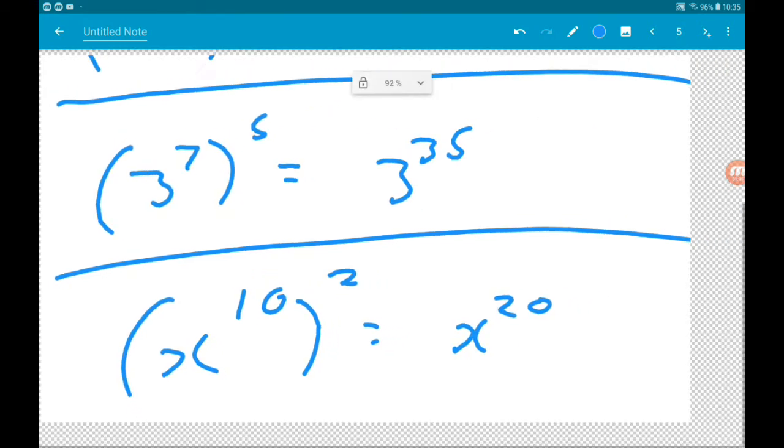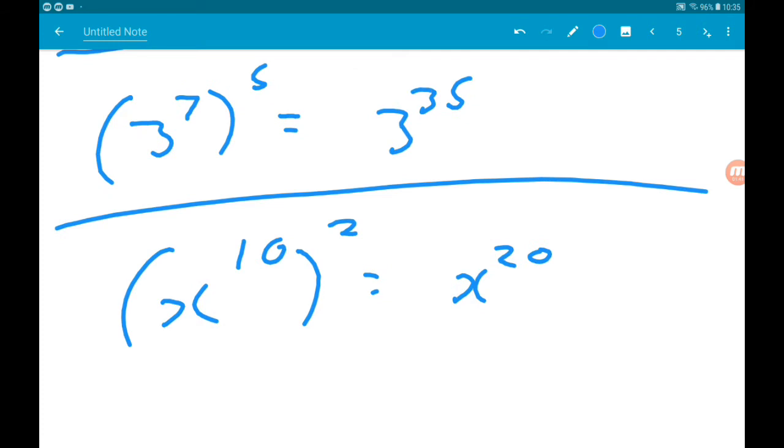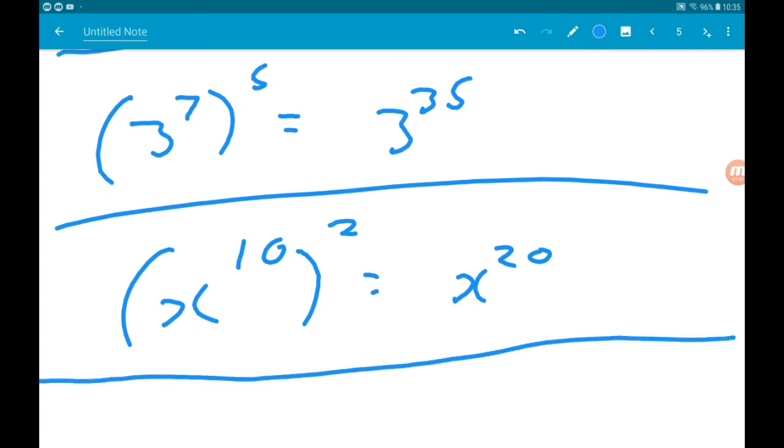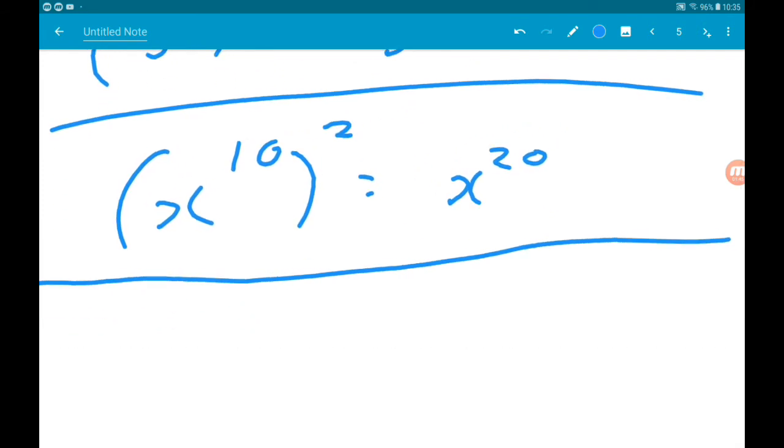Now the way that these can get a little bit scarier is if you have something like a squared b cubed to the power 4. So there's now two terms in the brackets.